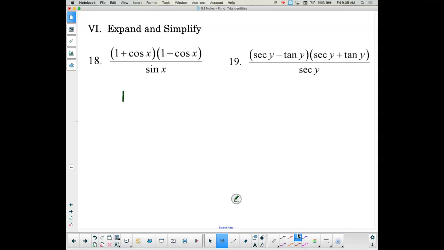So I would get 1 minus cosine squared of x on the top. One minus cosine squared x on the top is sine squared. Sine squared divided by sine is sine of x.